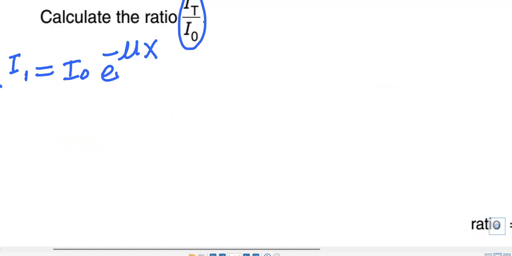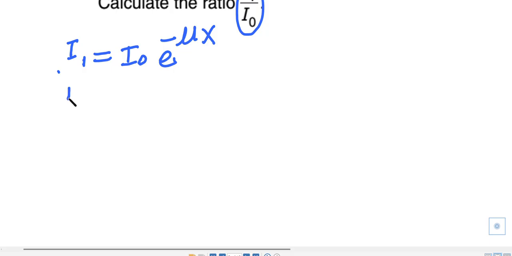So I will use this value, I1 equals I0 e power minus 23 times value of x is 3.4, but I have to convert that into meters, so I will just plug it in this way.